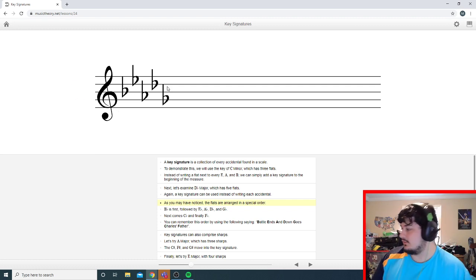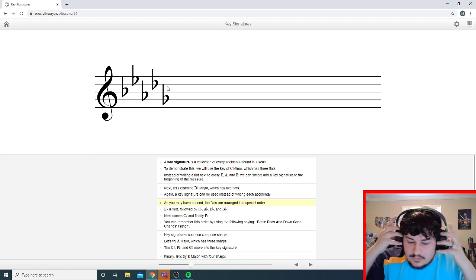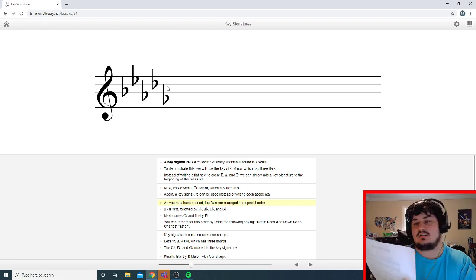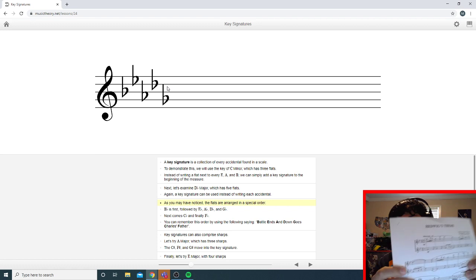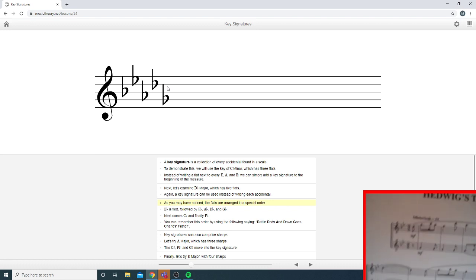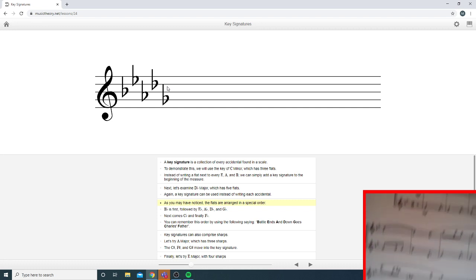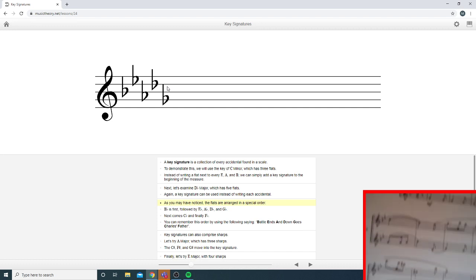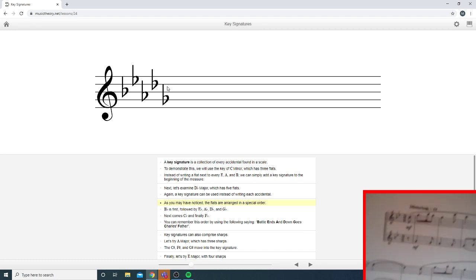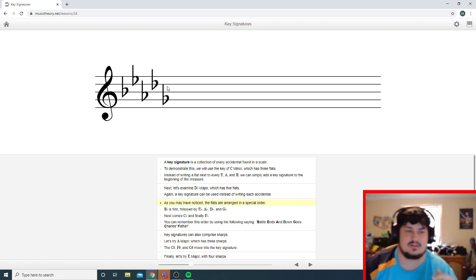So instead of having flats everywhere, we just have flats at the beginning. Now there are a couple of changed notes in here, but we have flats at the beginning of the music.